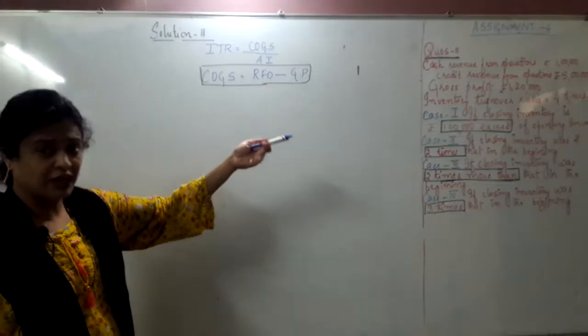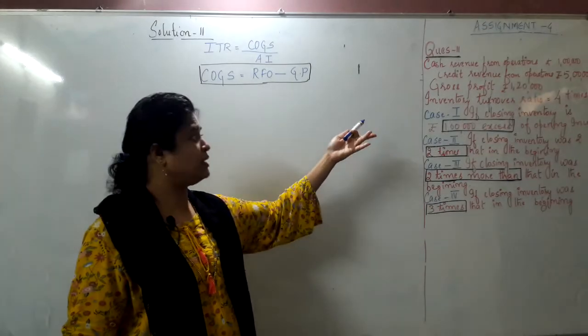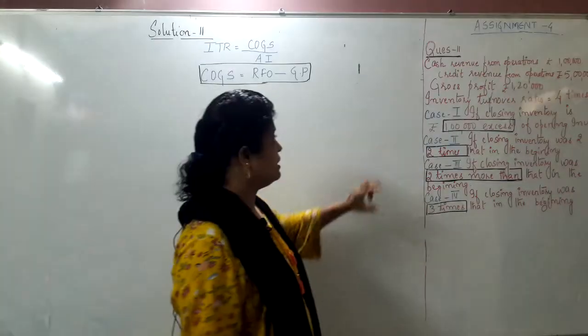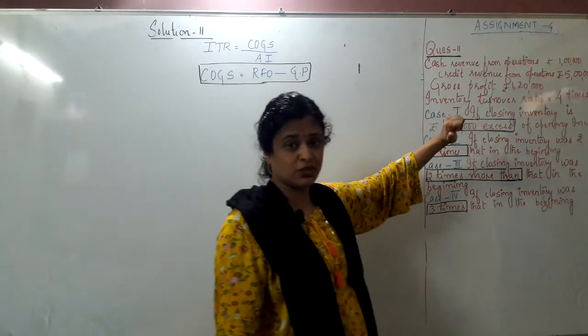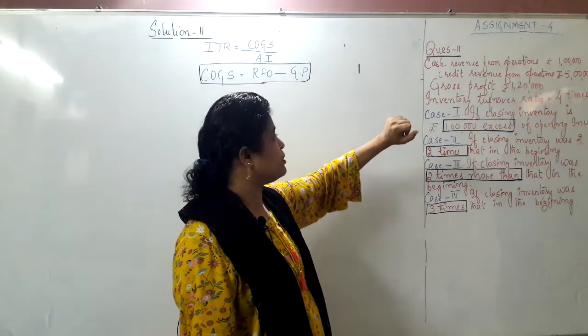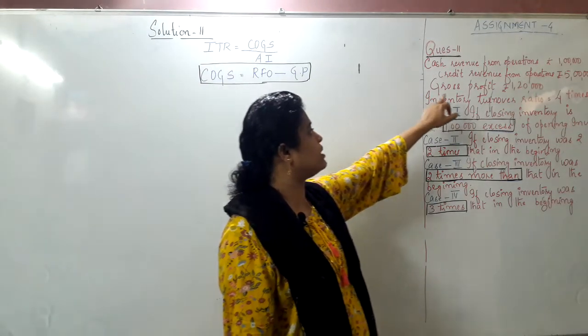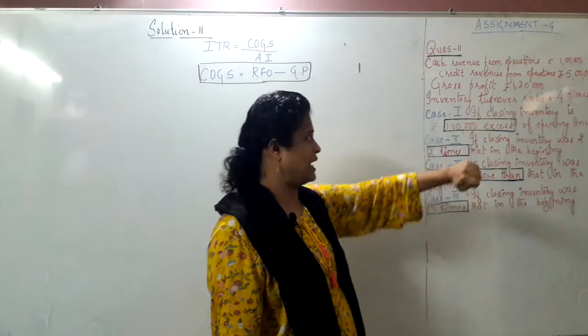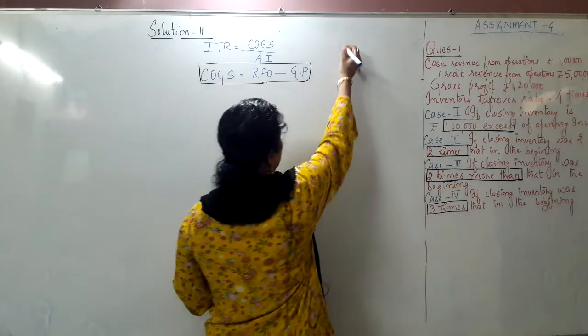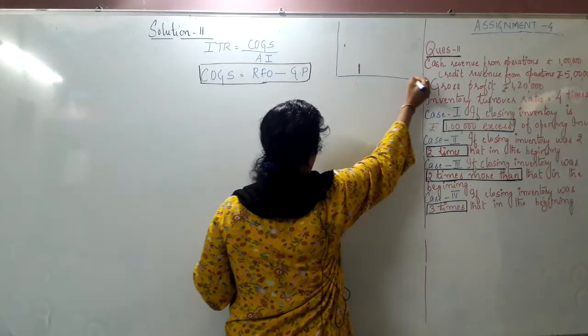RFO we can't find directly in the question. There are two types mentioned: cash revenue from operations 1 lakh, and credit revenue from operations 5 lakhs. So let us calculate the RFO.